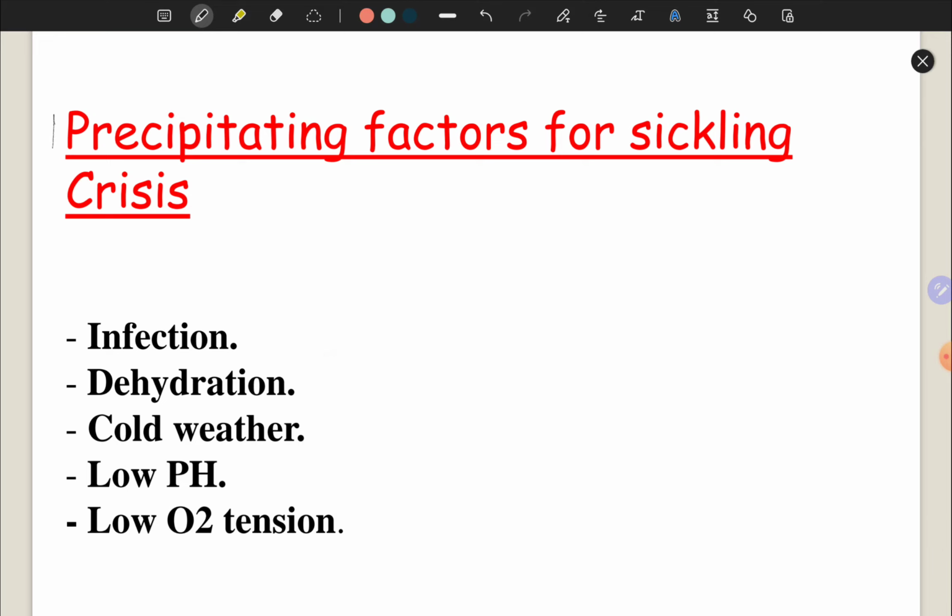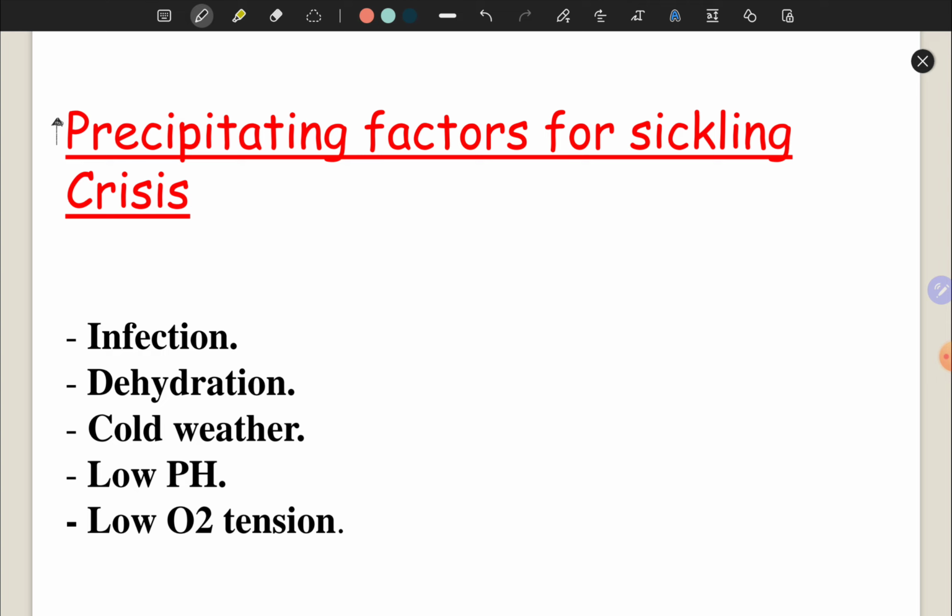Now I asked you at the start of the lecture, do you expect the carriers to be totally asymptomatic? If the carrier is exposed to these factors in an extreme form, like severe low oxygen tension, high altitudes, for example a plane flying very high, severe acidity, and extremely cold weather, they will manifest sickling.